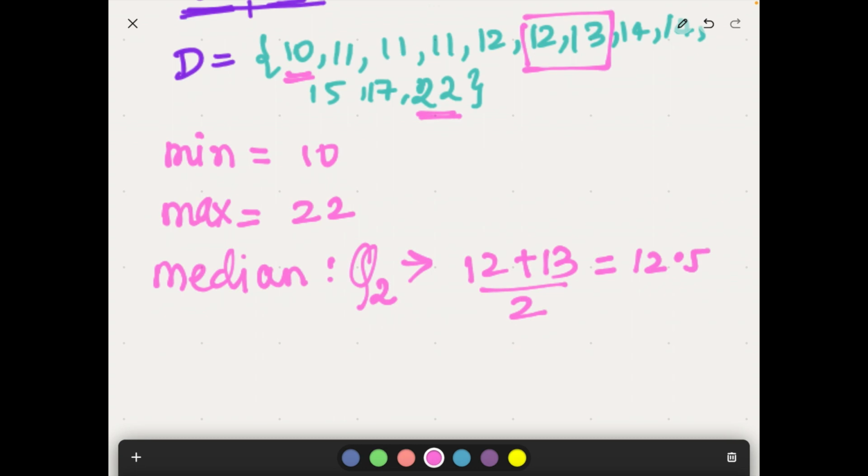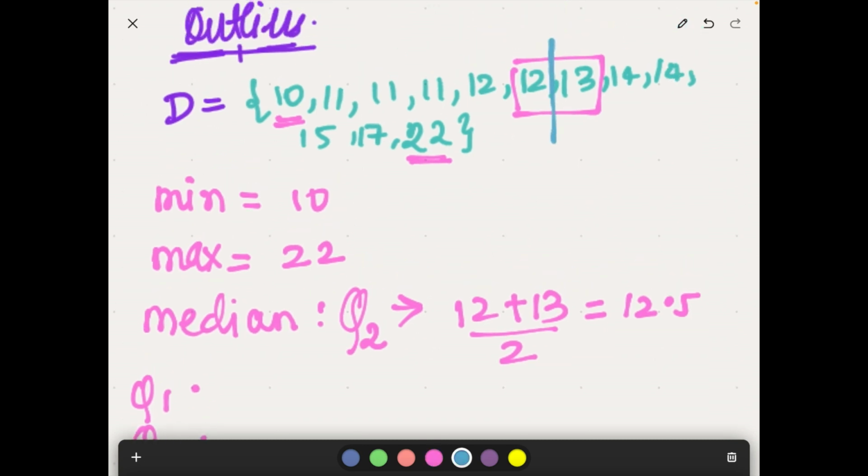Now we have to find Q1 and Q3 as well. What I do over here is divide the data set into two equal parts. Now we are going to find the median for each part. This range happens to be the lower part of the median and these here are the higher or upper part.